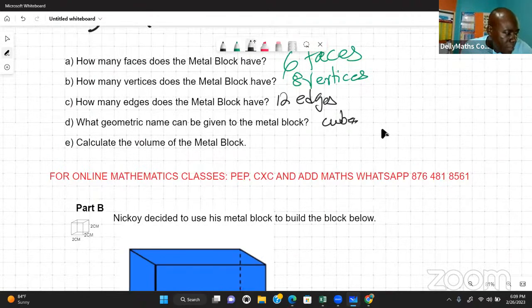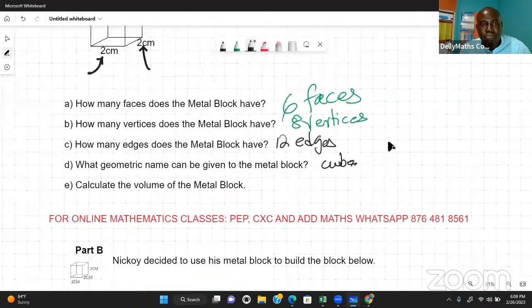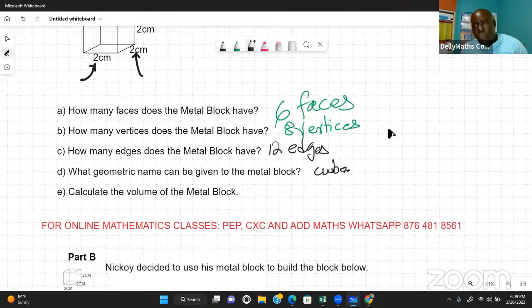So I want to see some measurements coming out now. You are asked to calculate the volume of the block. If you have a cube, the volume is simply multiplying. Generally speaking, you would say length times width times height, depending on the shape you're dealing with.